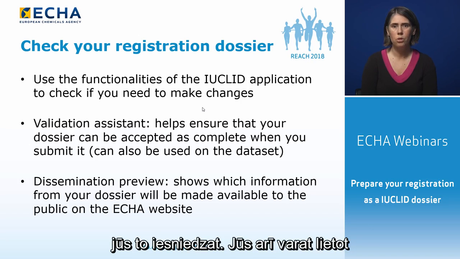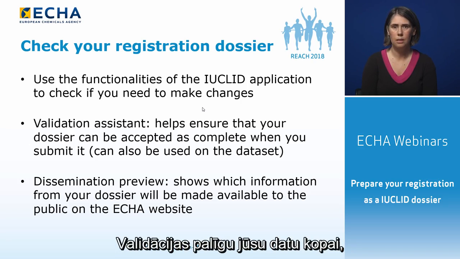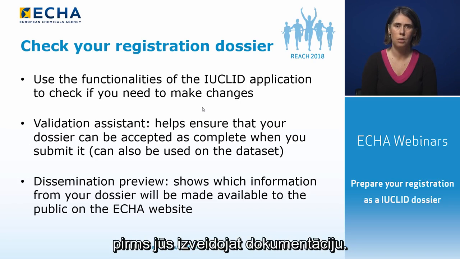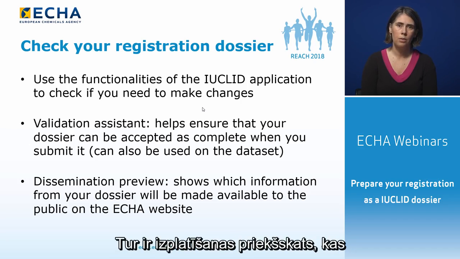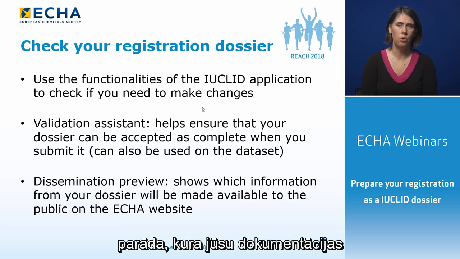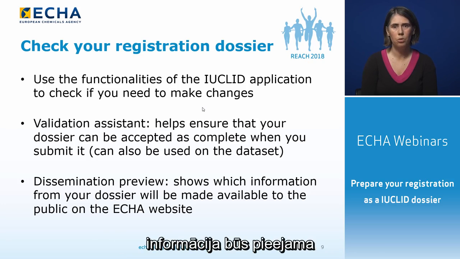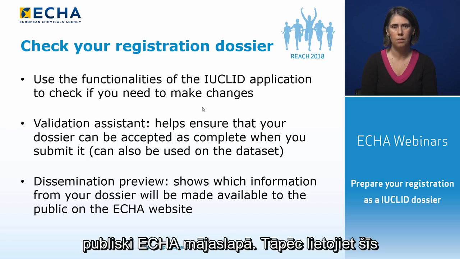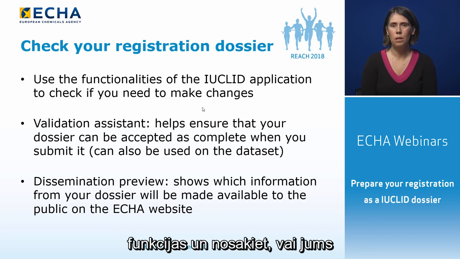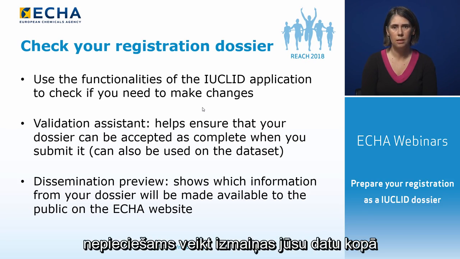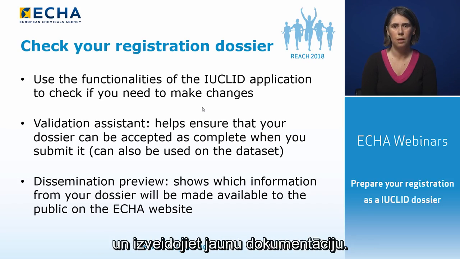You can also use the validation assistant on your dataset before you create the dossier. Then there is the dissemination preview, which shows which information from your dossier will be made available to the public on ECHA's website. So use these functionalities and determine if you need to make changes to your dataset and create a new dossier.